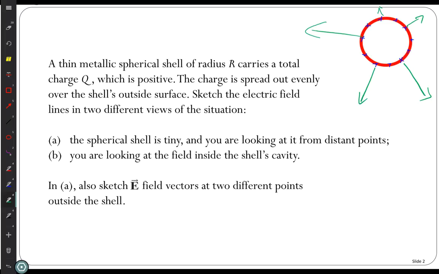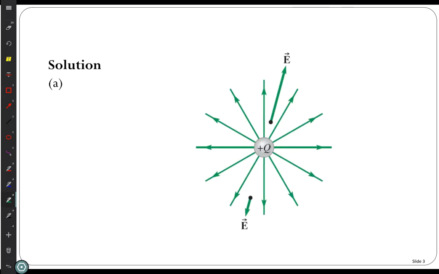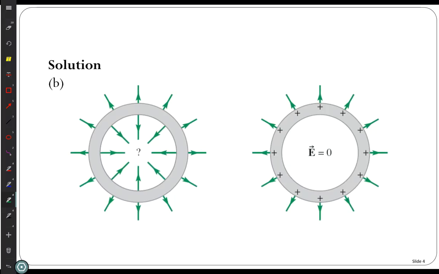What about inside? That is the correct answer. Outside, it just looks like this. Inside, what would you do? You'd have all these things going away from the surface, normal to the surface.